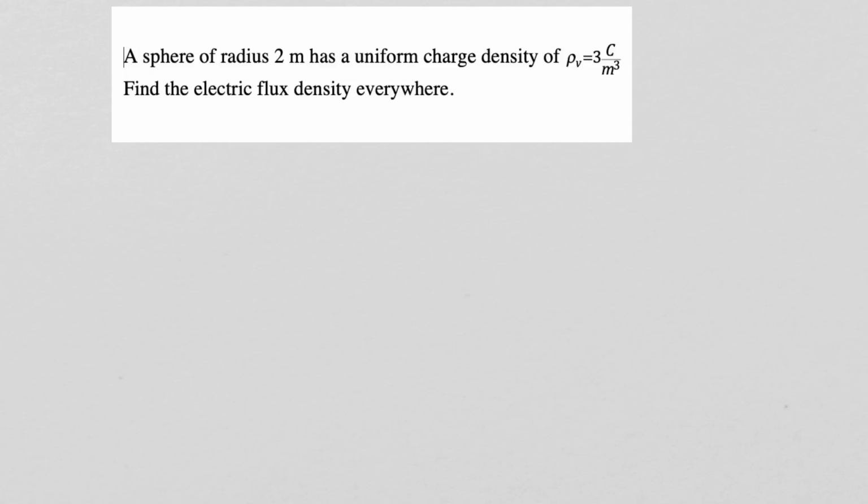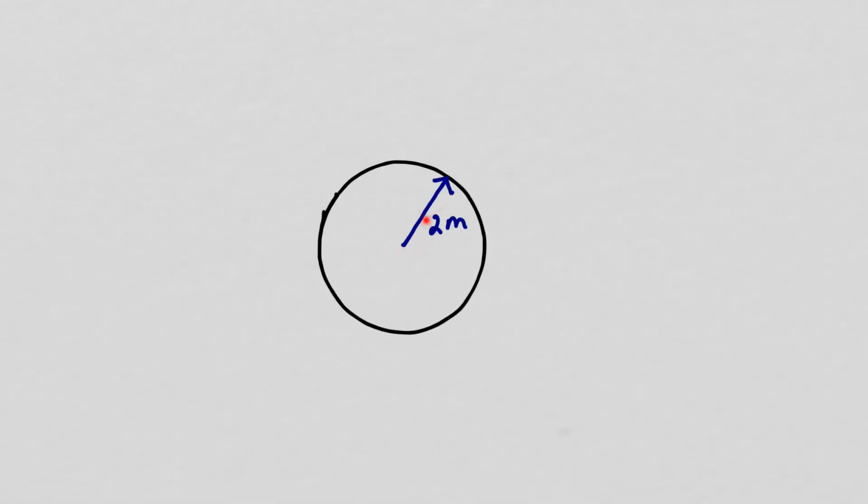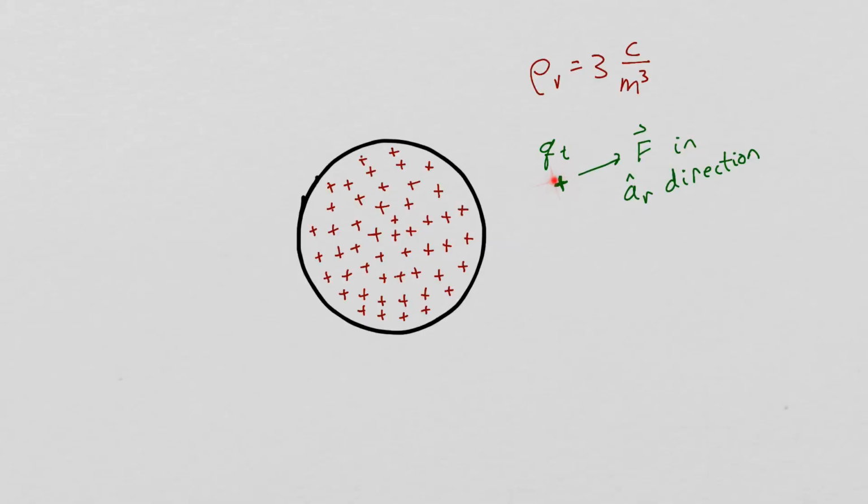As always, begin by drawing a figure of the problem. Here is our sphere of radius 2 meters, and this spherical region has a uniform charge density of 3 coulombs per meter cubed. If you place a test charge anywhere, it will experience a force only in the radial direction.